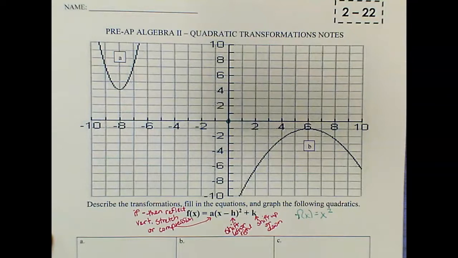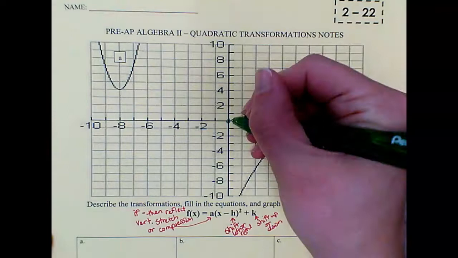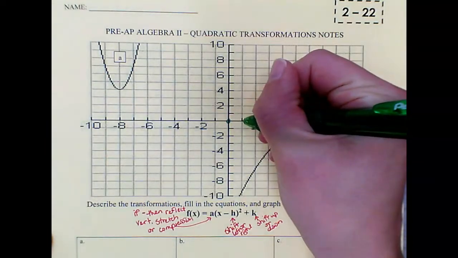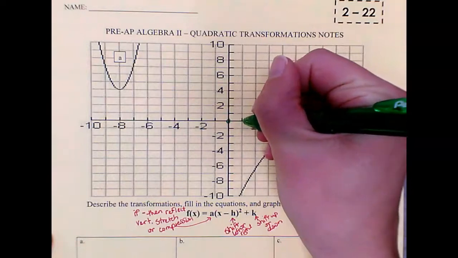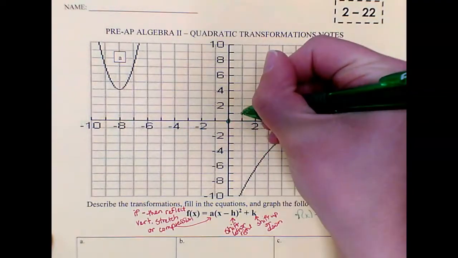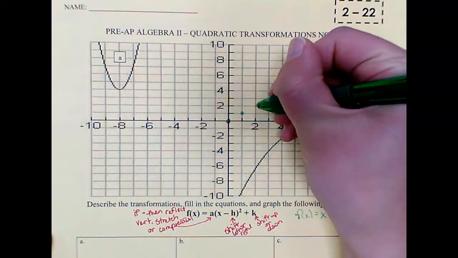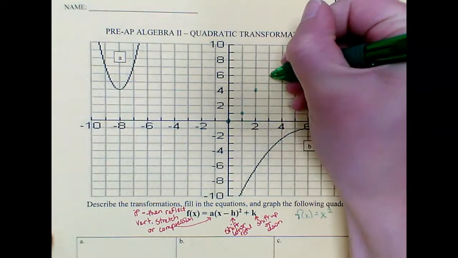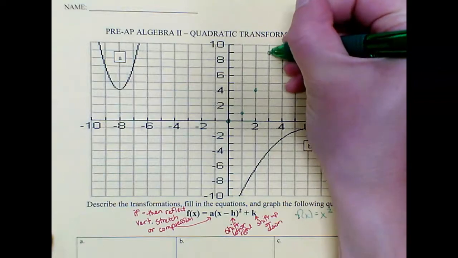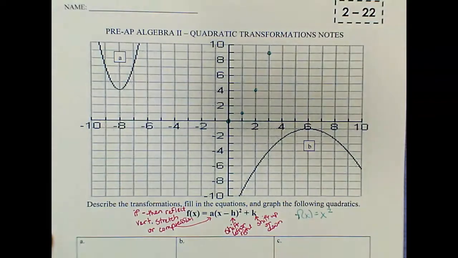And so when I graph my parabola for my parent function, every time I move to the right 1, I'm going to move up an odd number. So I'm going to move to the right 1 and up 1. And then from there, I'm going to move to the right 1 and up 1, 2, 3. And then to the right 1 and up 1, 2, 3, 4, 5. Same thing on the other side, and this is called the quadratic pattern.